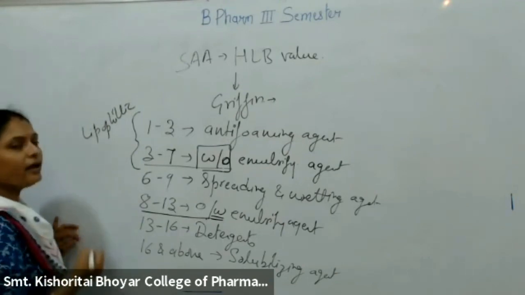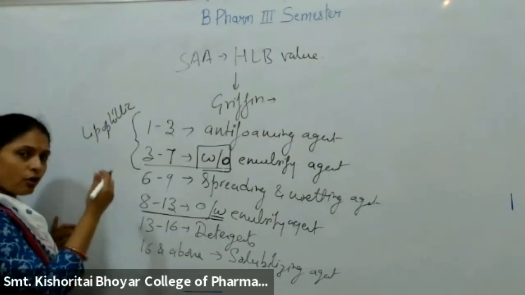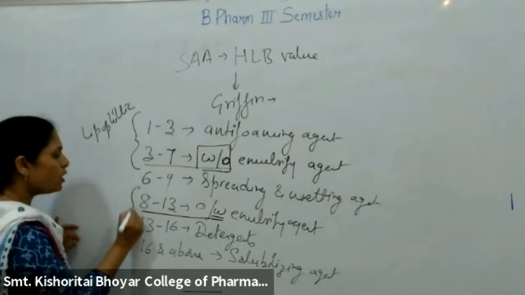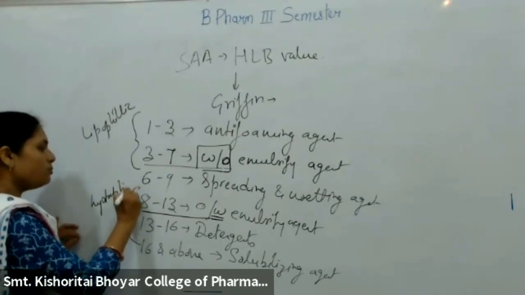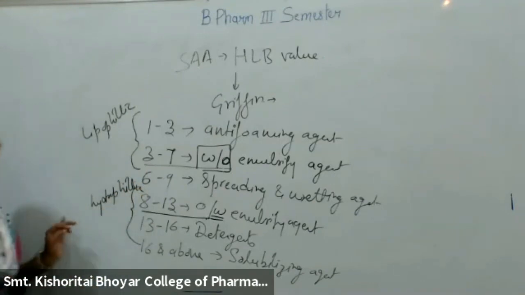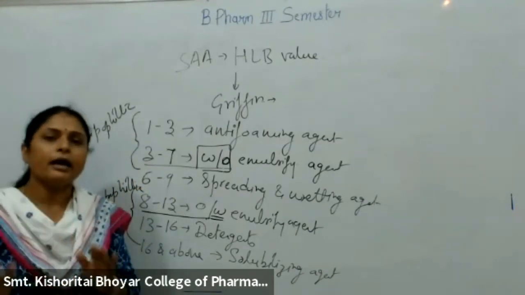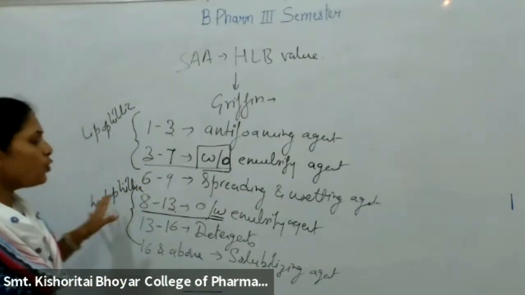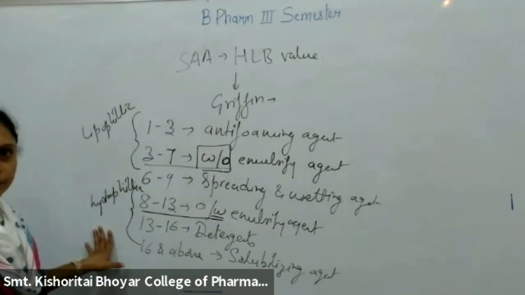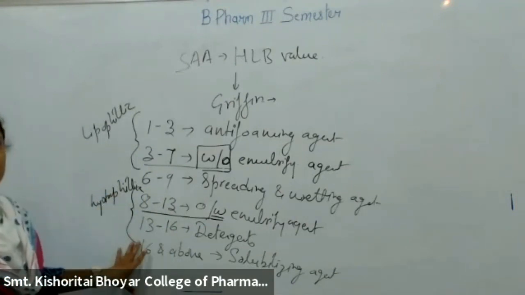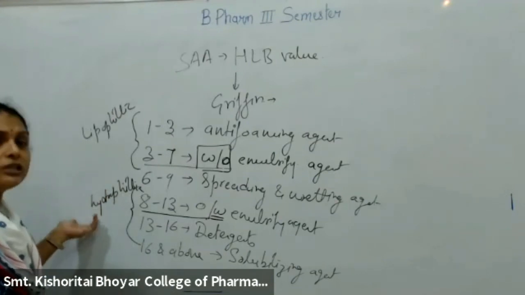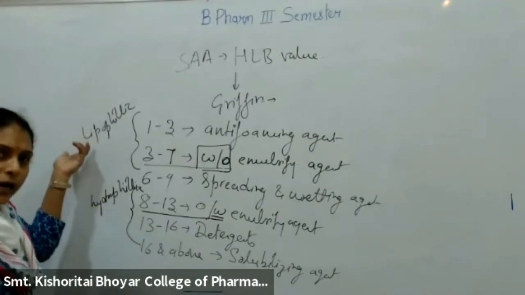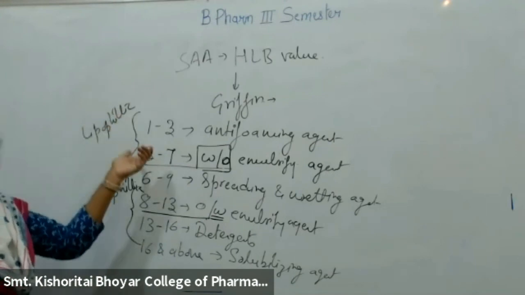And 8 onwards, these are hydrophilic in nature. जिन surfactants की HLB value is greater than 8, they are more hydrophilic in nature. So जितनी ज्यादा HLB वैल्यू होगी उतना ज्यादा उसका हाइड्रोफिलिक नेचर इंडिकेट करता है. जितनी कम HLB वैल्यू होगी, it indicates the lipophilic nature.